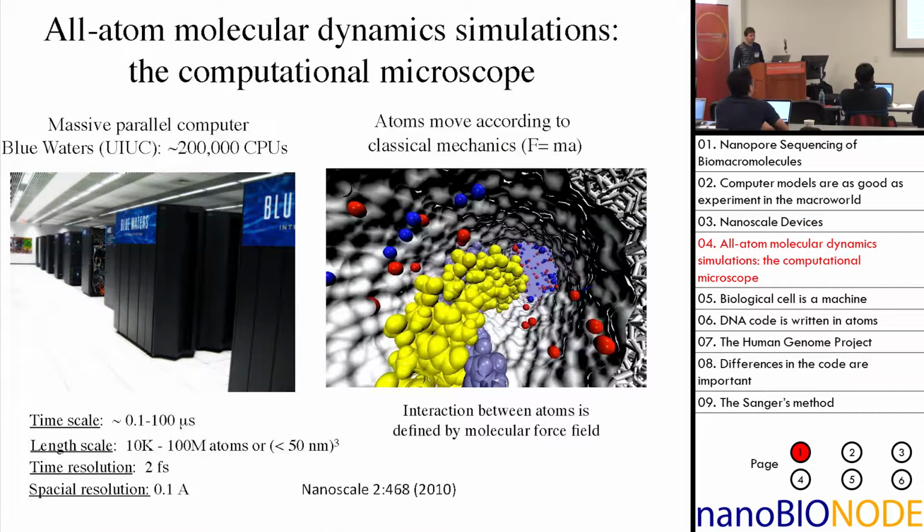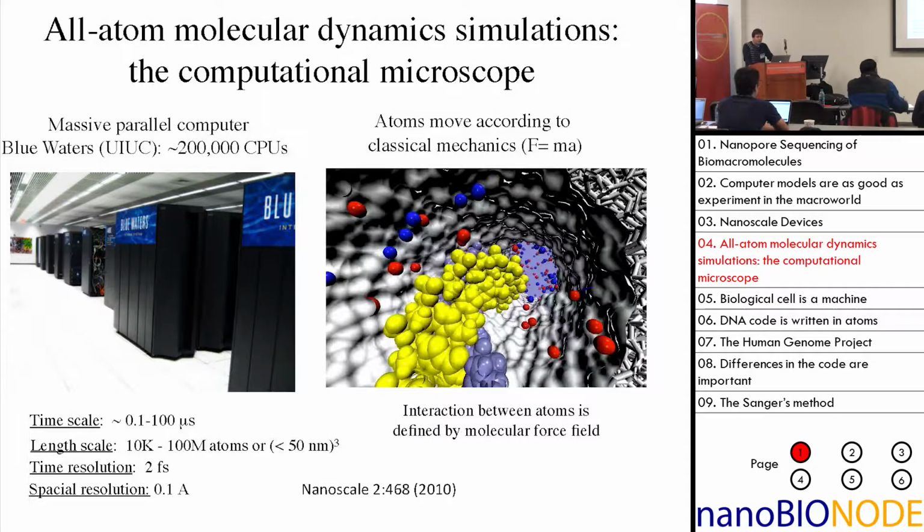This is a very brief intro to the methods that we use. We use all-atom molecular dynamics, which is a kind of computational microscope that allows us to image microscopic processes that take place in various systems. Typically we have a big computer like Blue Waters, a system that is available here at Illinois, but Illinois is not the only place. There are quite a few of those; we just happen to be one of the largest ones.